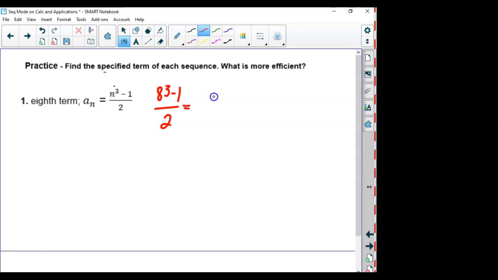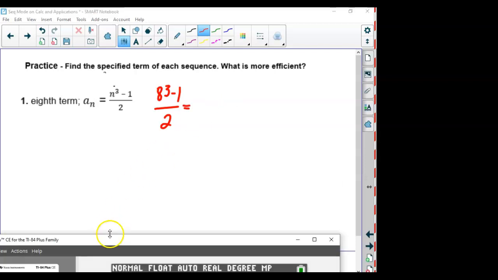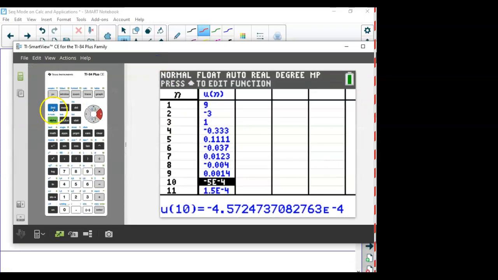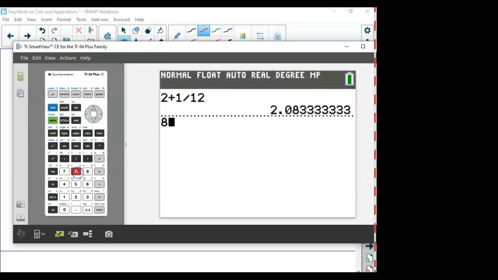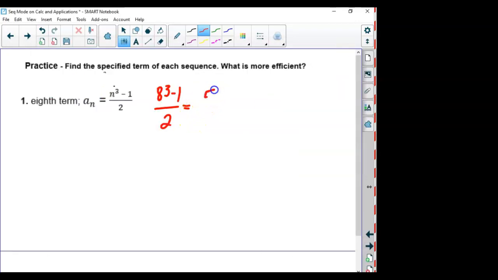I don't know what that is. 8 cubed would be 512, so minus 1 would be 511 over 2. That could be the 8th term, or the decimal equivalent of that, but I didn't have to do anything that was time-consuming on my calculator.